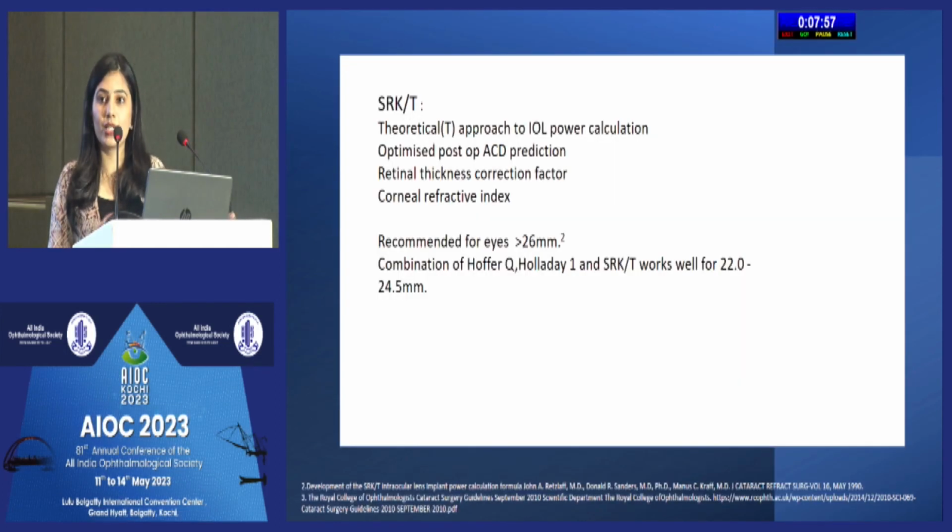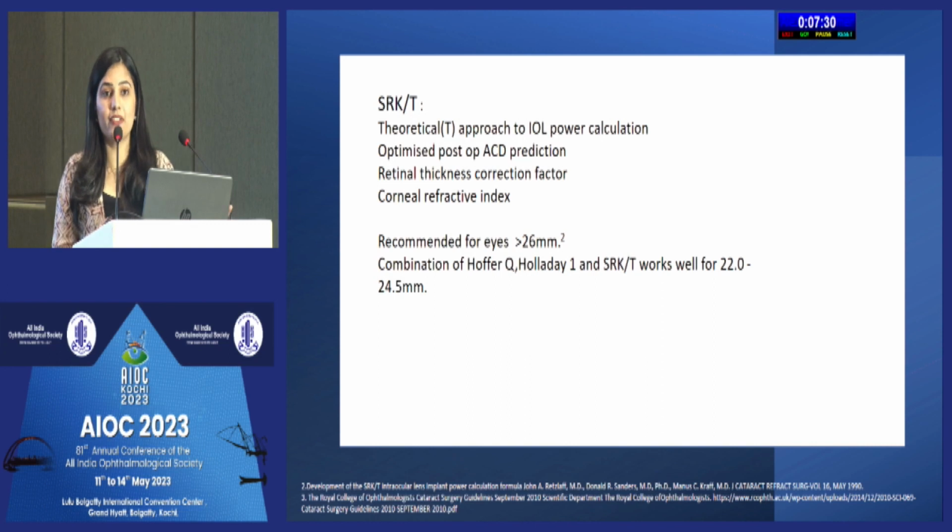Briefly talking about the IOL calculation formulas, the SRK/T was the holy grail until the newer generation formulas came into the picture. It was a theoretical approach to IOL calculation and used an optimized post-operative anterior chamber depth. It also included a retinal thickness correction factor and corneal refractive index, and was a combination of Hoffer Q, Holladay 1, and SRK/T.